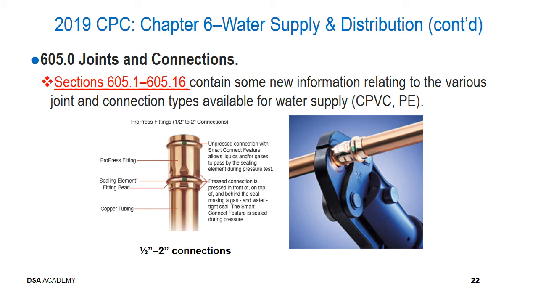So even though you've got a whole variety of joint types, mechanical joints such as compression, flanged, grooved, pressed, metal insert, press fit, elastomeric gaskets, or other types such as threaded, soldered, brazed, flared, solvent cement, heat fusion, electrofusion, socket fusion, slip, dielectric union, there's many others.